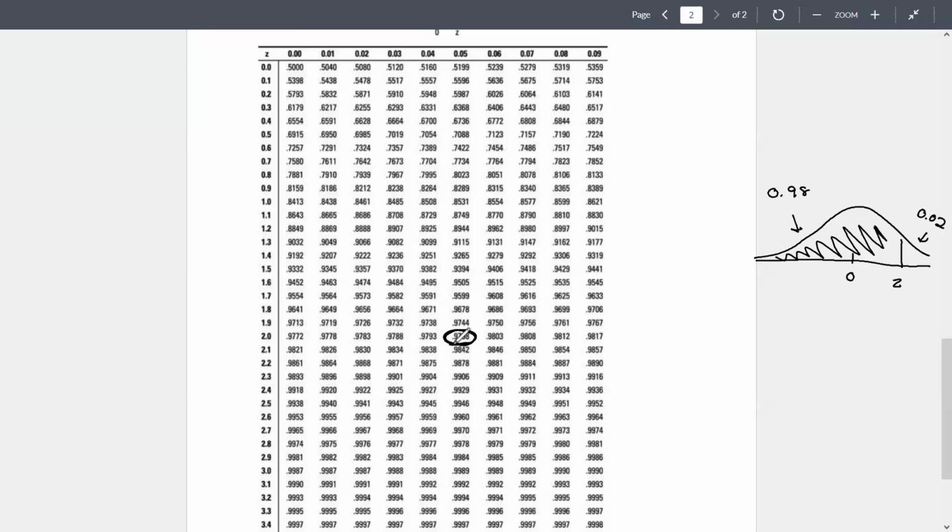That's one of the hard things about z tables: because the numbers are so clustered together and so many of them are so close when you're trying to go backwards and find those areas, you can get a little lost. So that's something to always be careful of. That's why I usually suggest using the TI-84 or any kind of technology, because that makes this a little easier and you make a few less mistakes. But right now we're working on the z table.